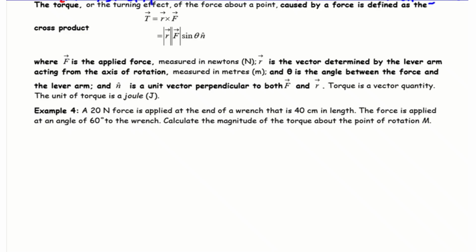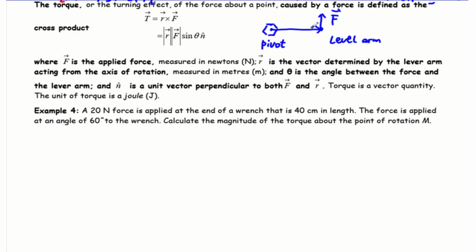Okay, another application for the cross product is torque. The torque describes the turning effect, how powerful the turning force applied is. So the force is about a point, which we call the pivot point. For example, if it's a nut and we use a wrench to turn it, here is the lever arm of the wrench and a force we apply here.